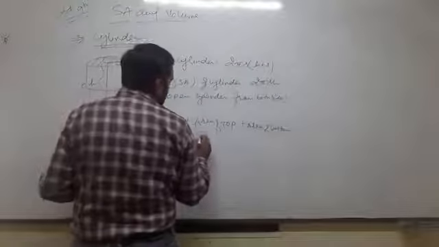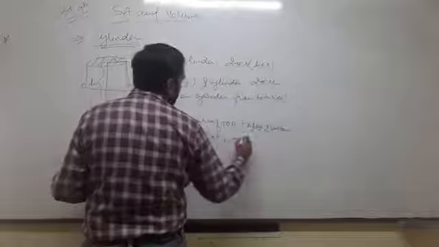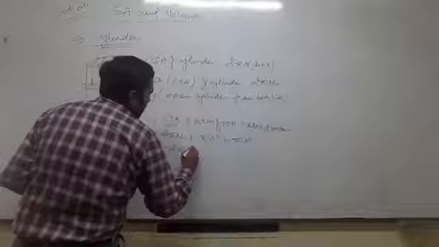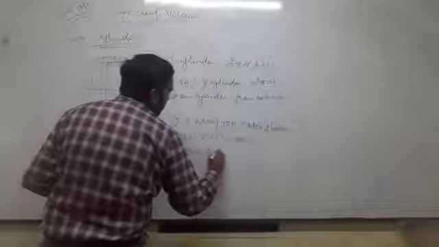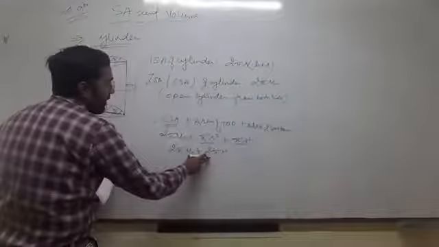The area of the circle is pi r square, plus the area of the bottom, which is also pi r square. So therefore 2 pi r h plus 2 pi r square, that is pi r square plus pi r square.